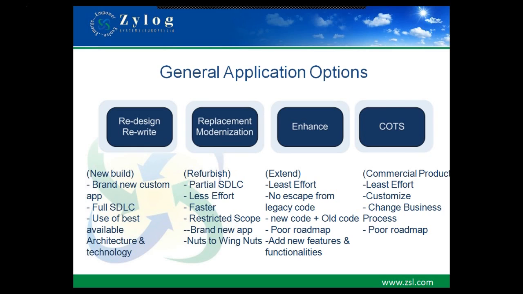It's just that it is written in the old language, old technology, where it is not able to scale, it is not able to reach new media, it's not able to reach over the web, it is slow, or you are not able to integrate automatically with the upstream or downstream systems or your business partners. So that's when you would do replacement and modernization, where your IP of doing the business is still intact in your old application. The third option is enhancement.